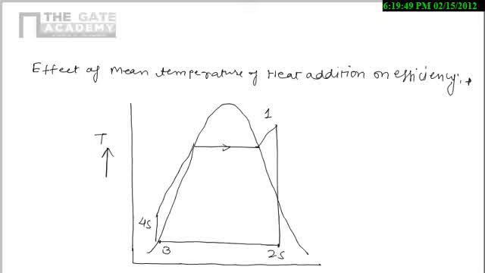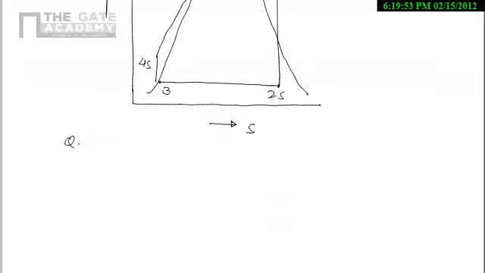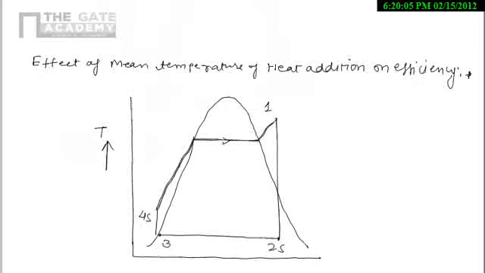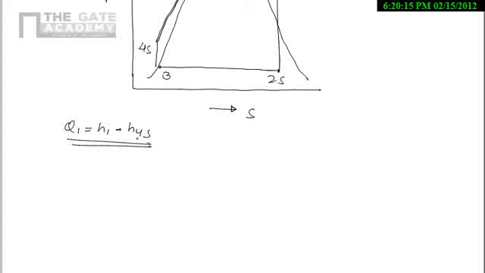Now here we know Q1. Q1 is nothing but H1 minus H4s. It is just the difference of enthalpy for this process. This process is a heat addition process from 4s to 1, so we have to take the difference of enthalpy, that is H1 minus H4s.